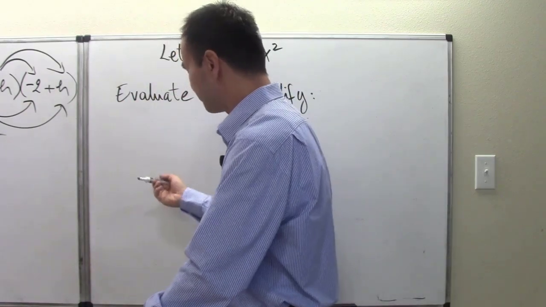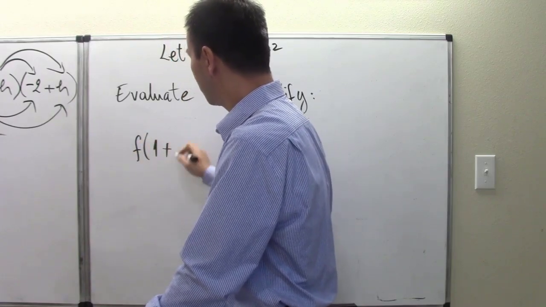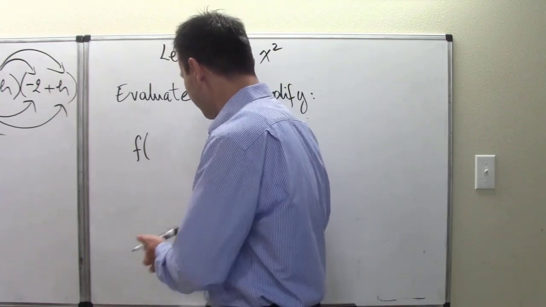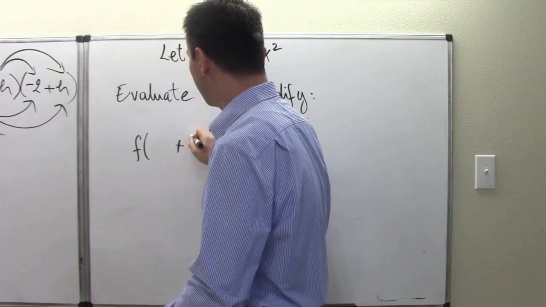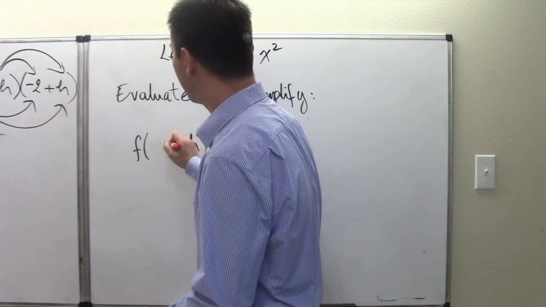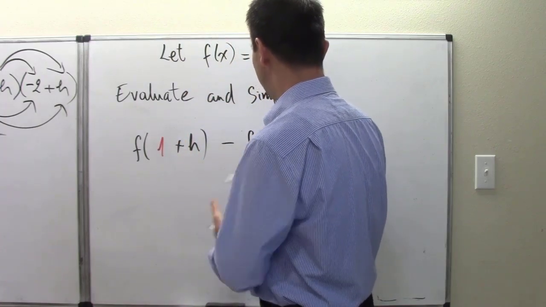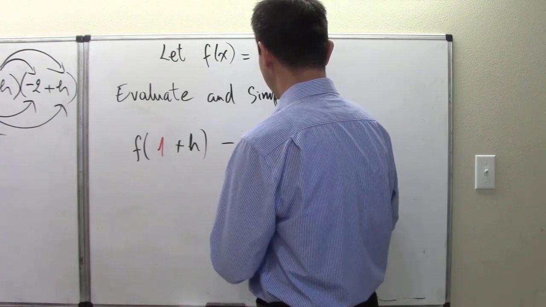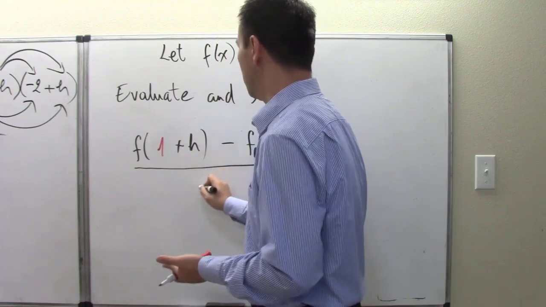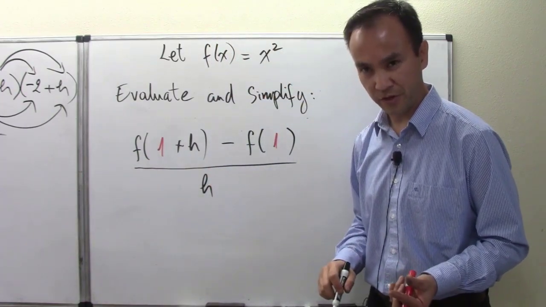The first one I came up with was f of 1 plus h, minus f of 1, over h. I purposely wrote that 1 in red ink for you to notice.